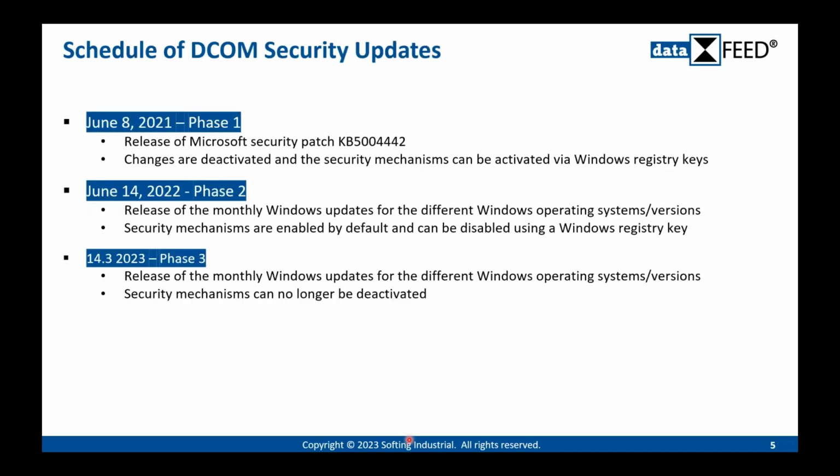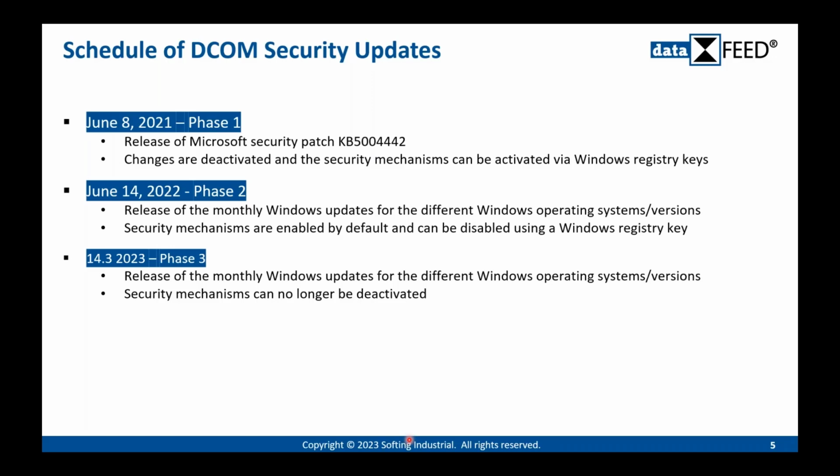The schedule from Microsoft regarding these security updates was: in June 2021, they released phase 1, a Microsoft security patch. In this patch, the new security mechanism was still deactivated and could be activated via a Windows registry key. In June 2022, phase 2 started.